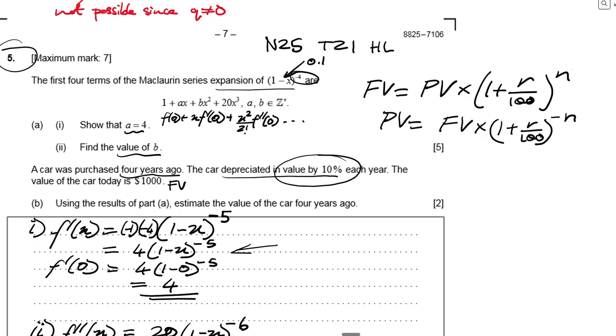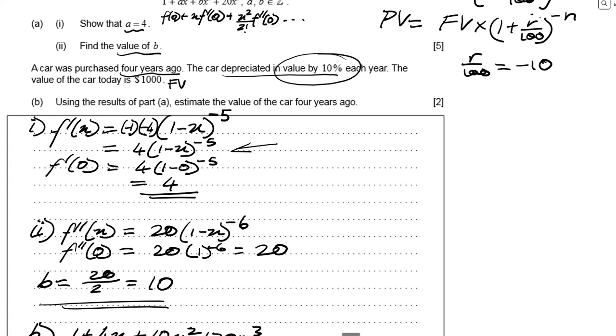And that's where we get our -4, and our minus x comes from this discount rate, 10% each year, right? So this is as a percentage. So r over 100 is equal to -10%, -10. And so that works out.